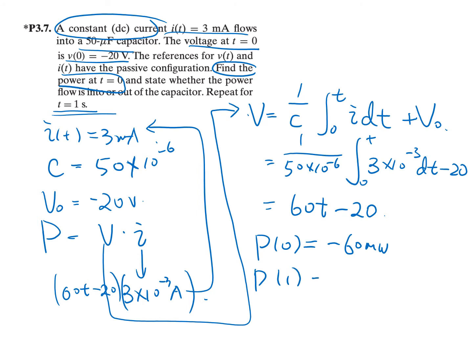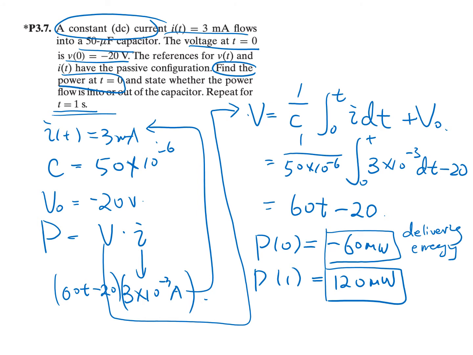P1 is 120 milliwatts. Because this is a negative value, we know that the capacitor is delivering energy. And this is a positive value, so it's absorbing or consuming energy.